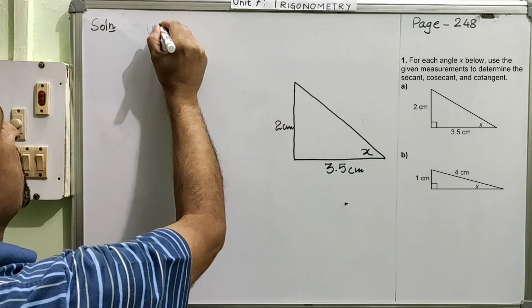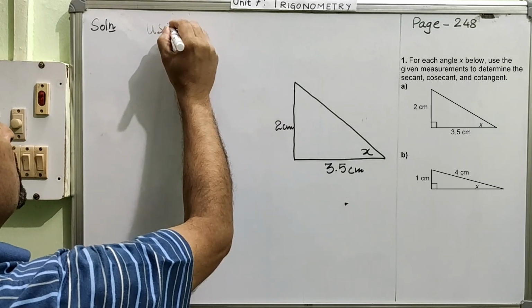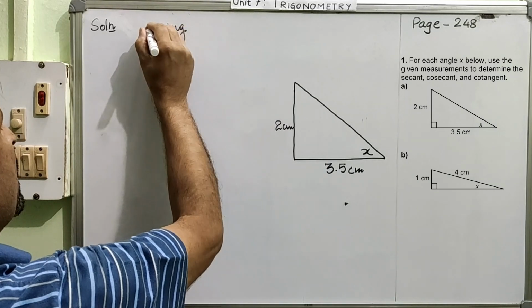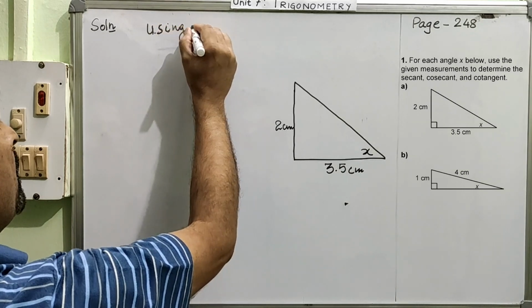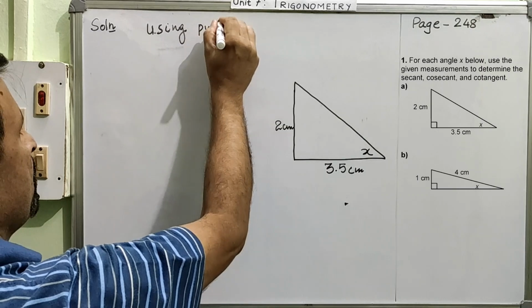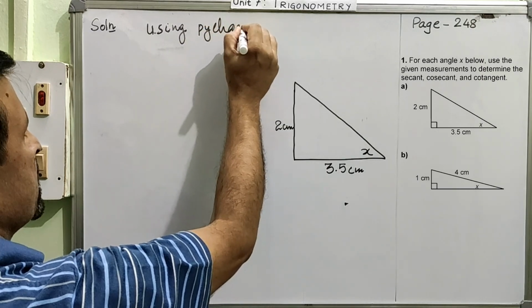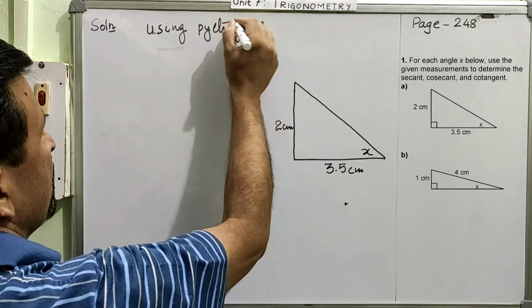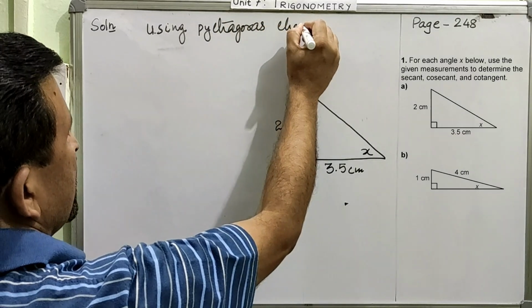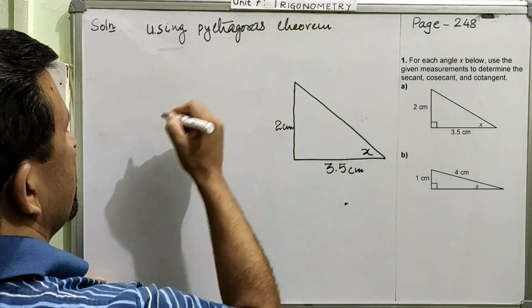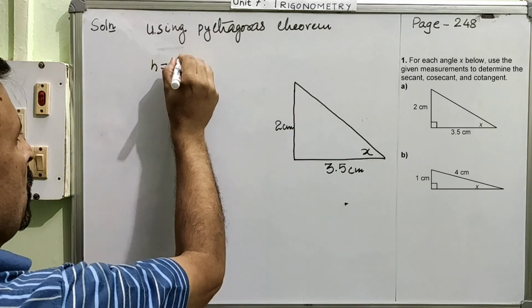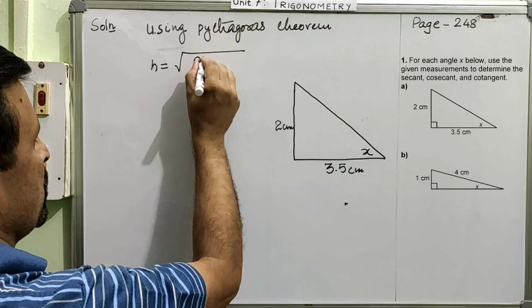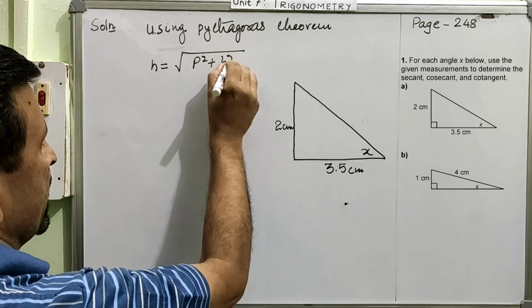So let us find out the length of the missing side by using Pythagoras theorem. h equals root over p square plus b square, right?